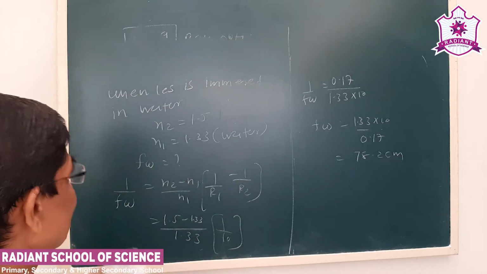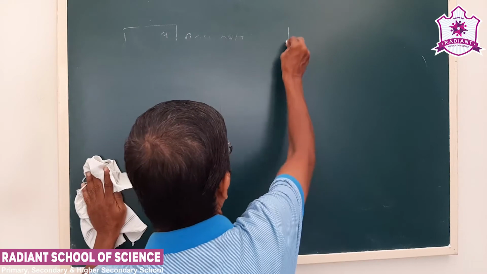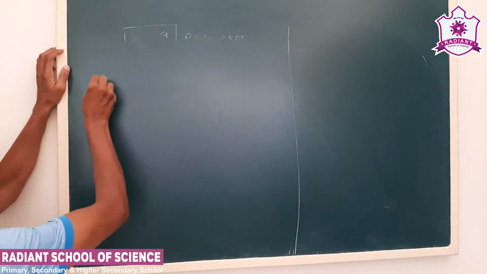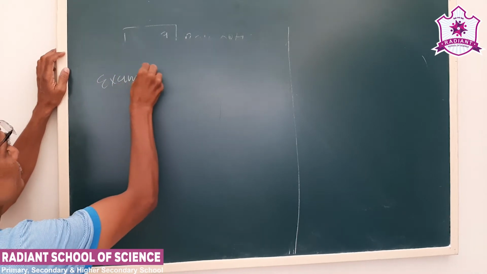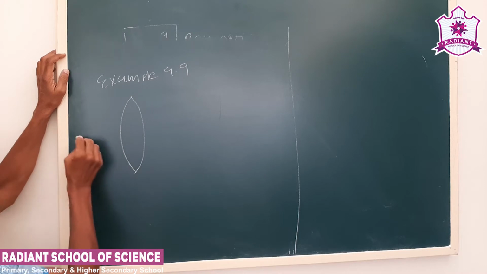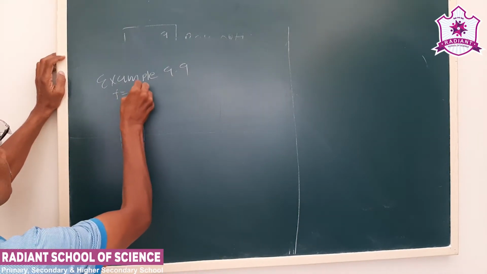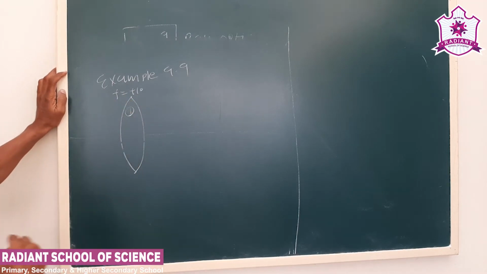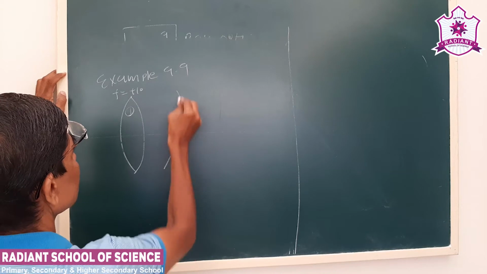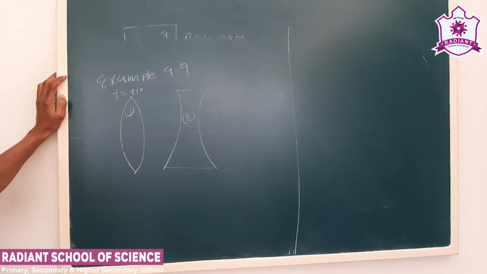Now next is example number 9.9. It is a combination of 3 lenses. This is lens 1. Lens 2 is a concave lens.